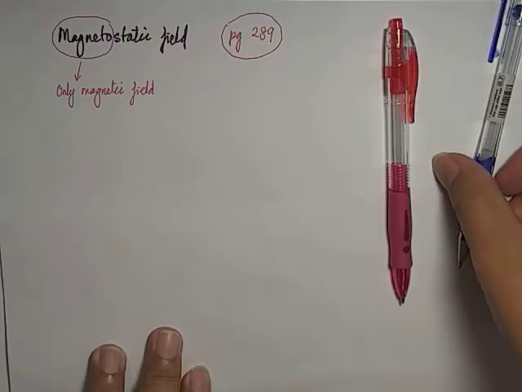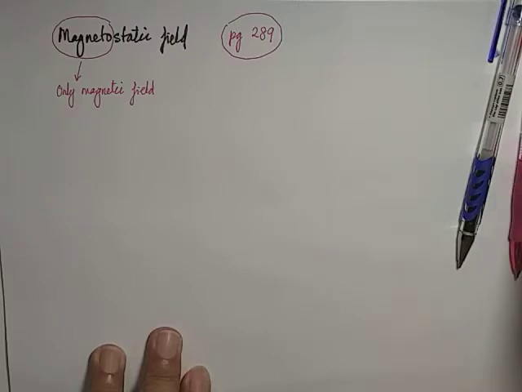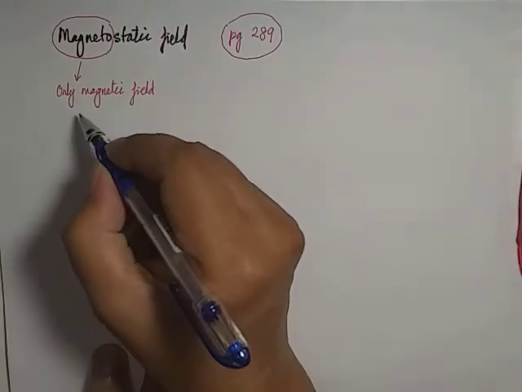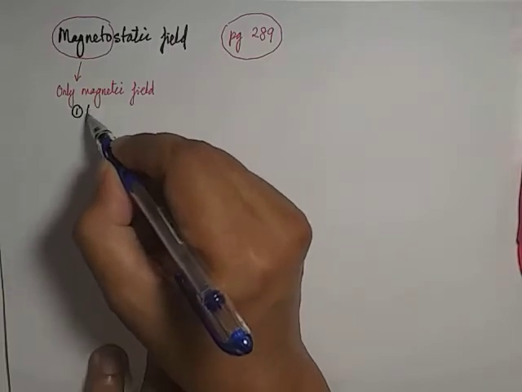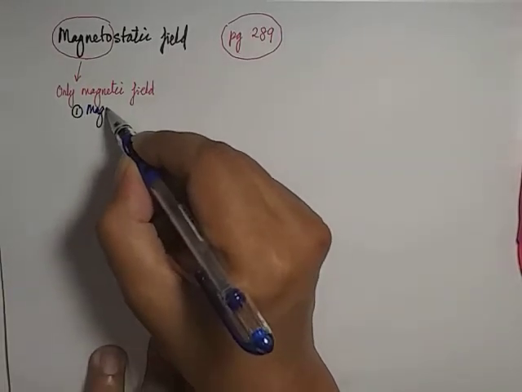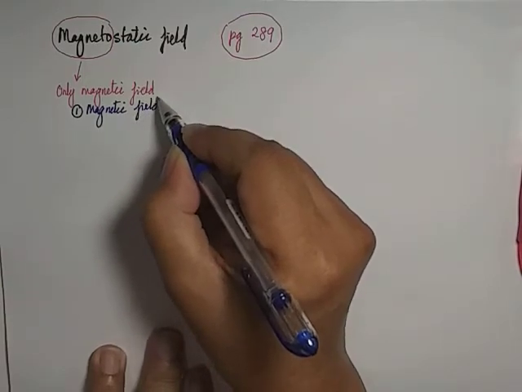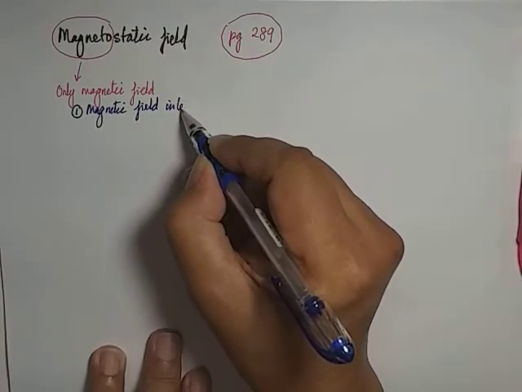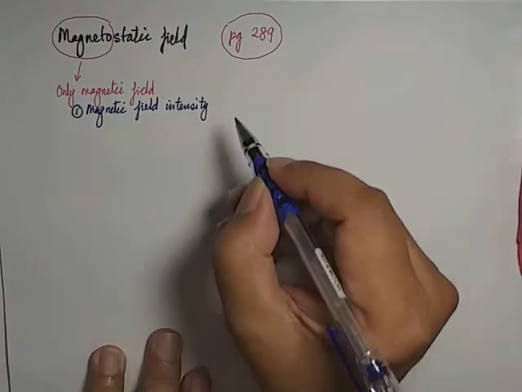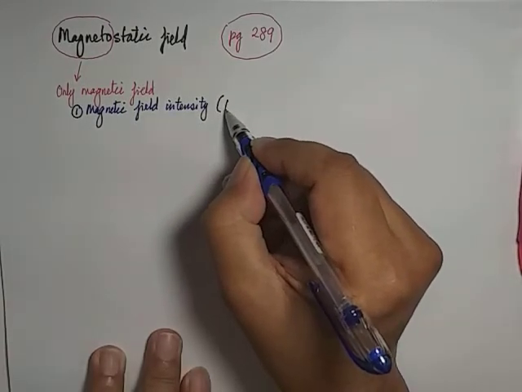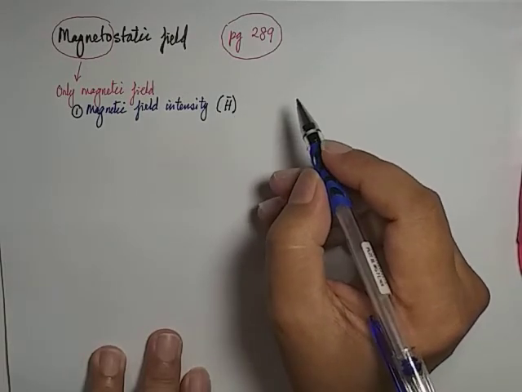And magnetic field can be divided into two types. We will represent the first type of field as magnetic field intensity, and the symbol to represent magnetic field intensity will be H. So it's similar to electric field intensity.